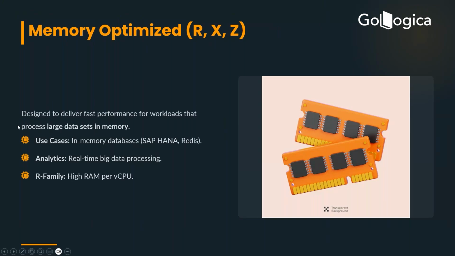So here come the use cases, in-memory databases. Say you have a big database of 2 terabytes. When you are fetching data from that database, there will be a lot of delay or lag.